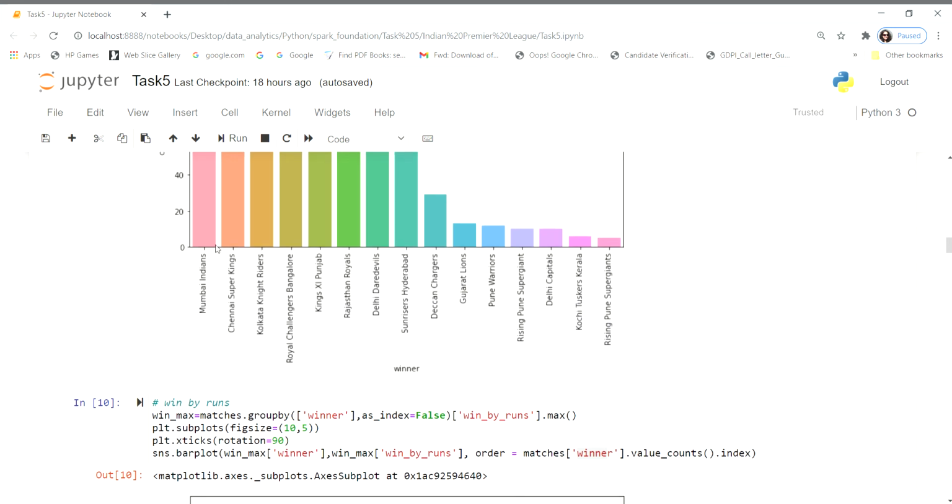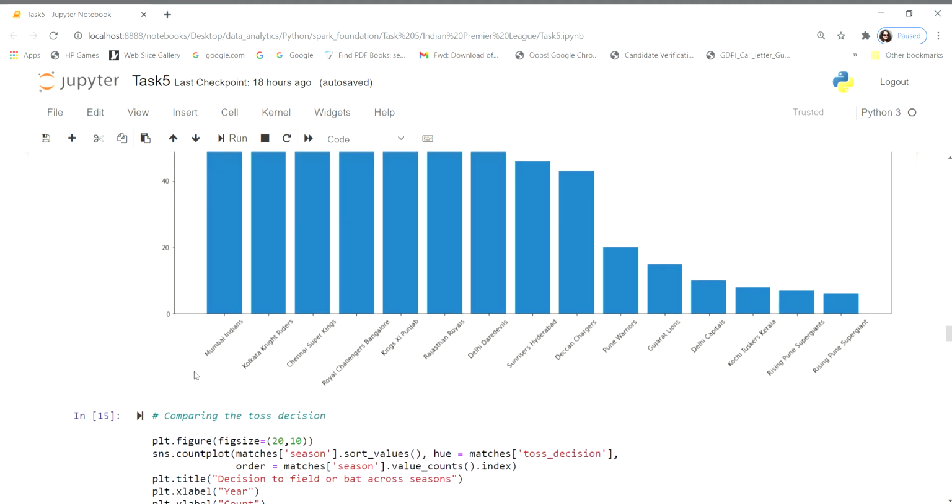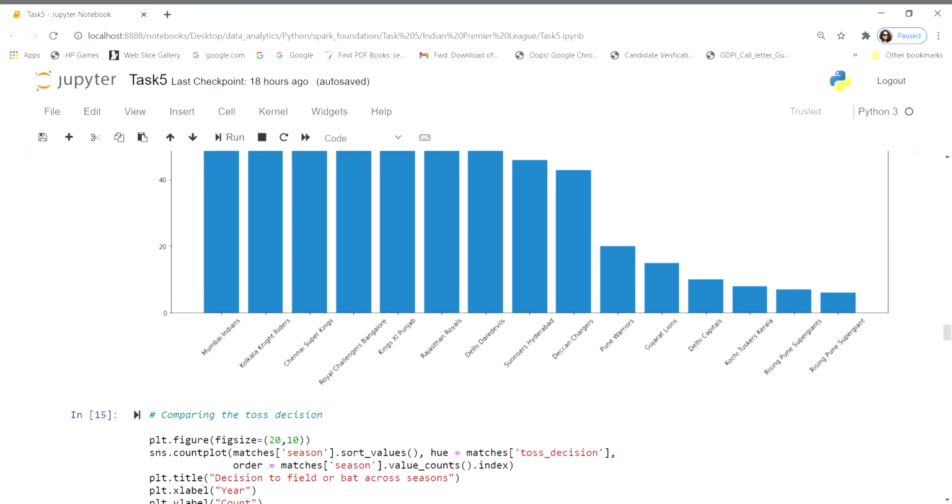Mumbai Indians have the maximum and Rising Pune Super Giants the least.